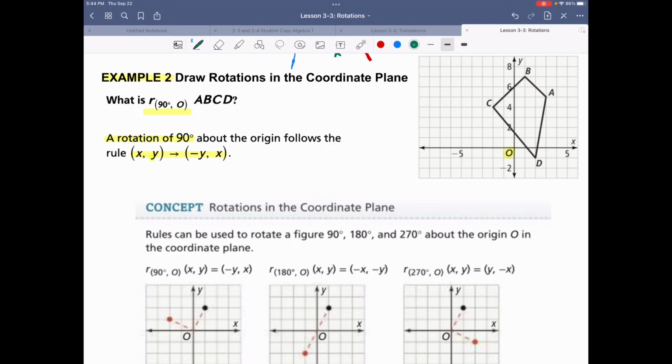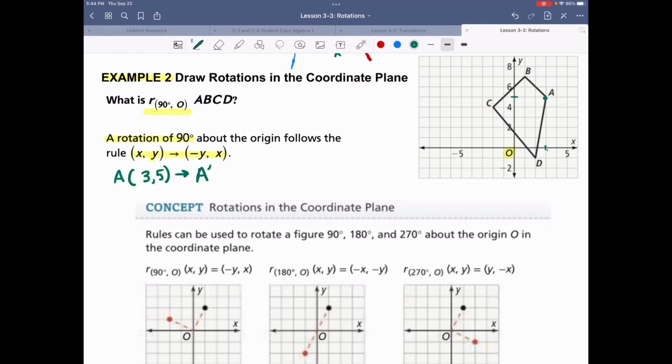So to start this, what we need are all of the points. So point A is at the coordinate. See if you can figure out where the coordinate A is right here. So that's 3, 5. Now it's going to change to A prime.